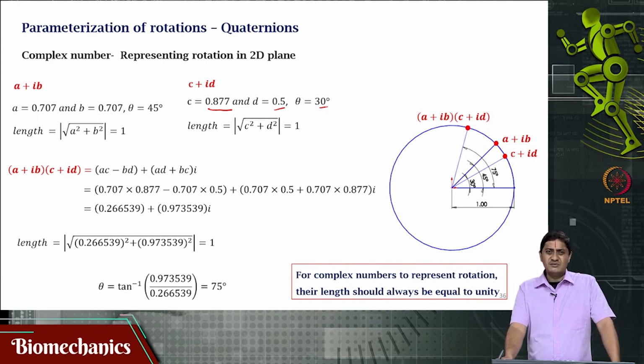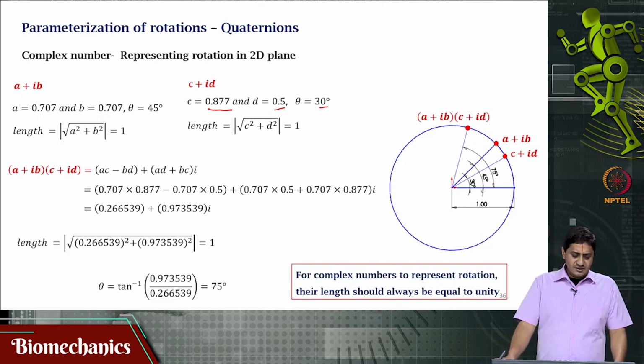That is, when a and b are 0.707, theta is 45 degrees, and when c and d are respectively 0.877 and 0.5, theta is 30 degrees. Now, what is the length of these two complex numbers or these two vectors? That is actually 1, because the square root of a squared plus b squared is 1 in this case.